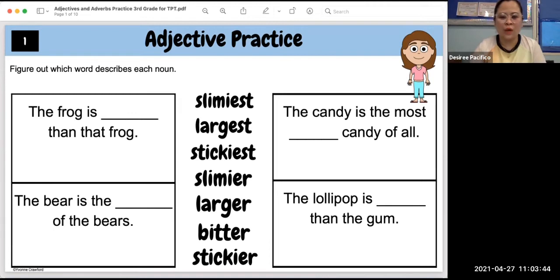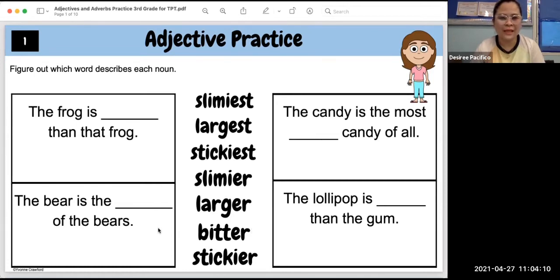So which one shall we choose? We have here slimier, larger, bitter, or stickier. What do you think is the correct adjective here? I need you to write it in your English book.